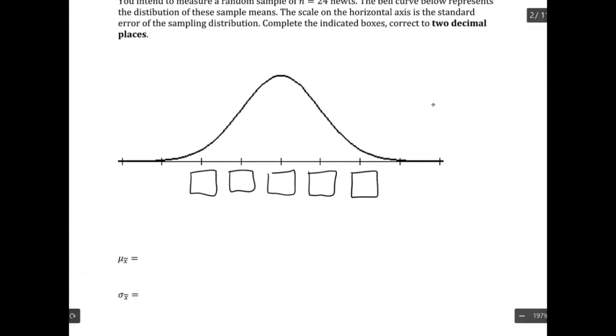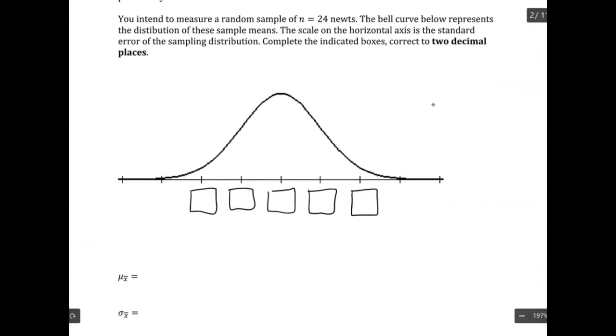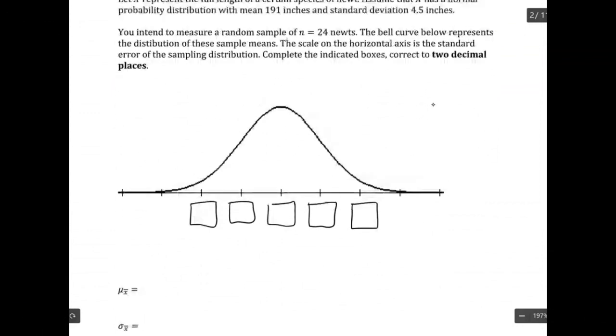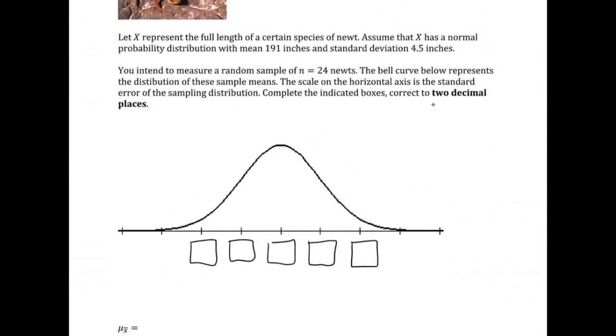Now, what we need to do is find the mean and the standard deviation of this normal distribution. That was provided as having a mean of 191 inches with a standard deviation of 4.5 inches. Now, this isn't the mean and standard deviation of the sampling distribution.